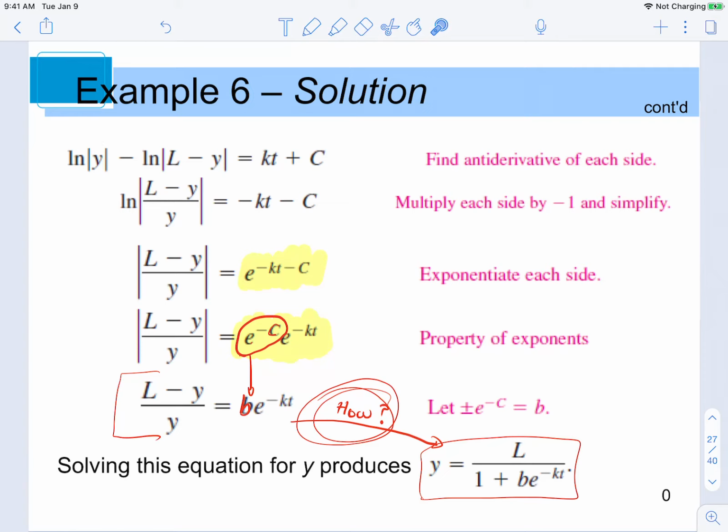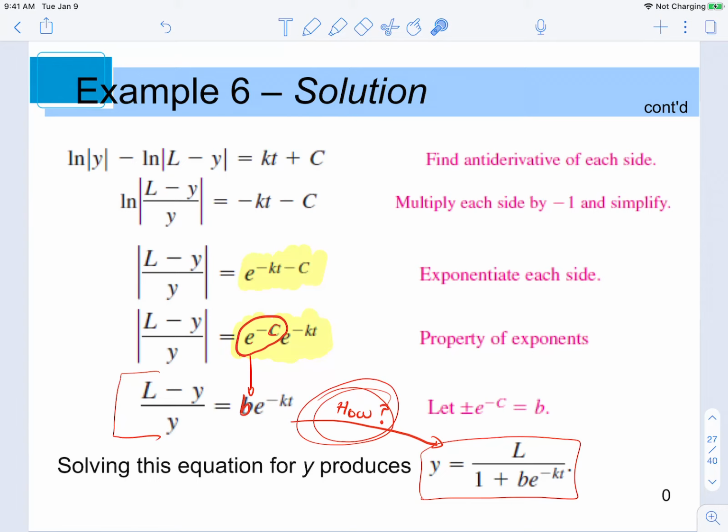The integral of 1 over y is ln absolute value of y. And if you do a u substitution, you can see how they get this negative sign here for the other part. On the right side, you had just k, and then you end up with kt, and then plus that constant.